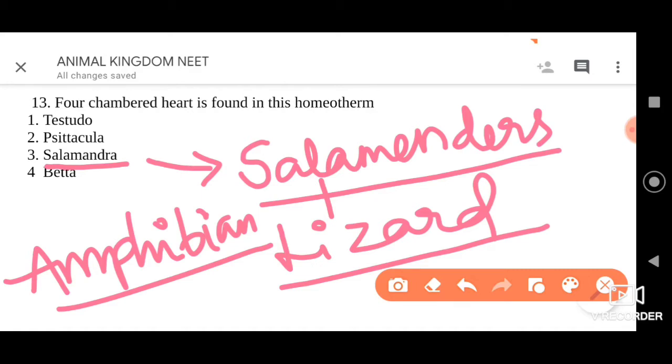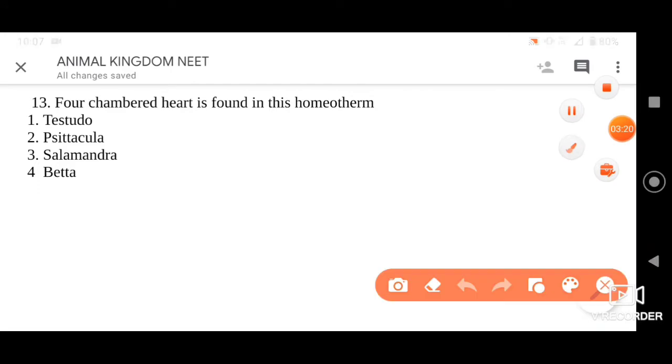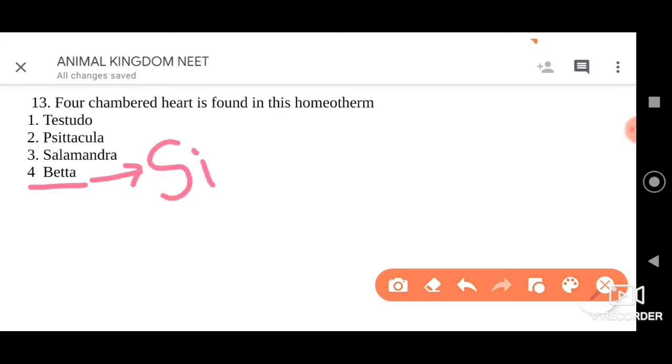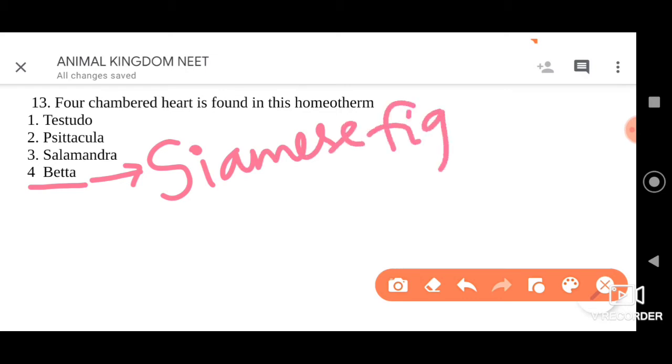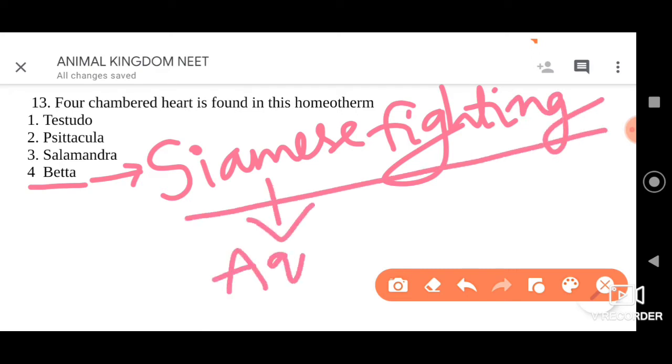That's more important. Anyway, now we have the fourth option here, that is Betta. It is a Siamese fighting fish. This is a fish which is popular in the aquarium trade, dear students.